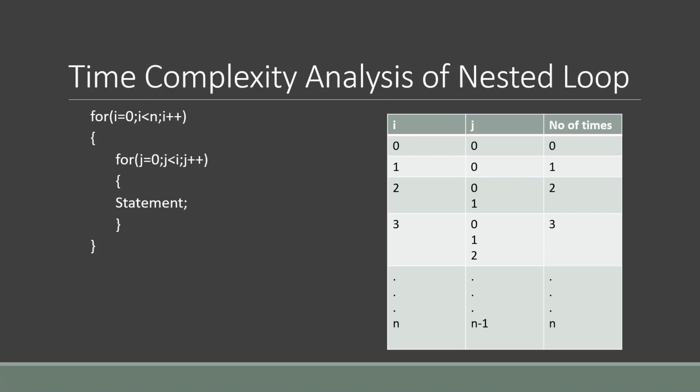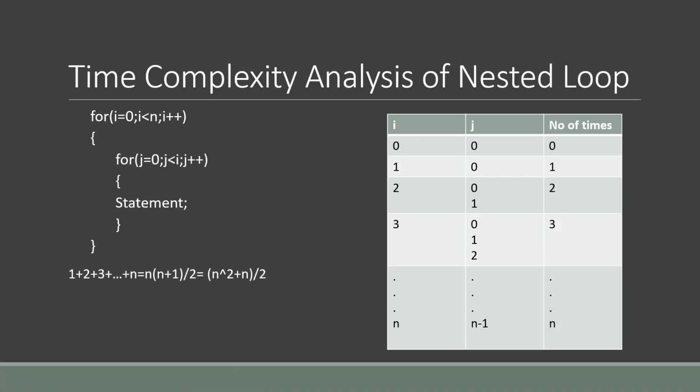Similarly, when the value of i becomes 1, for j equals 0, the loop will rotate one time. Similarly, if we go on, we will find that for the last value of i, which is obviously less than n minus 1, j will go up to n minus 2 and the number of times it will rotate will be n.